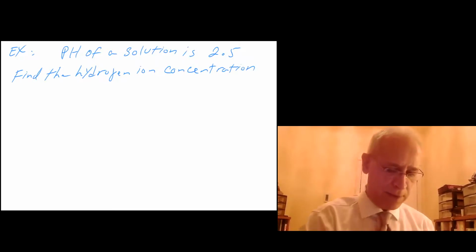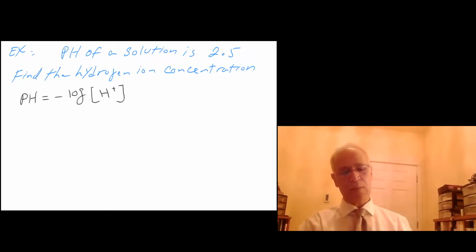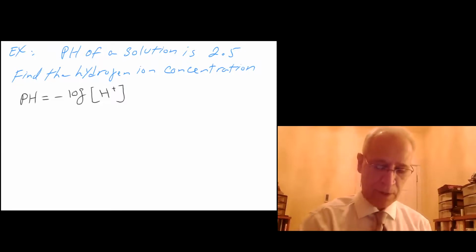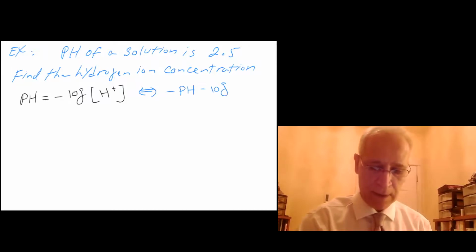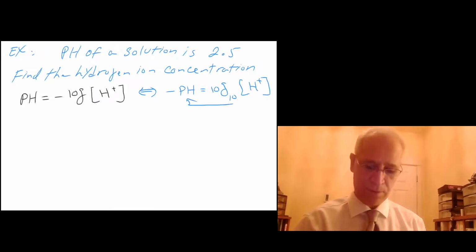Remember that we said that pH equals minus log of H plus. Notice that if I multiply both sides of this equation by negative 1, I will get minus pH equals log of H plus. And notice that now I can claim that this base to this power equals the argument of the logarithm.